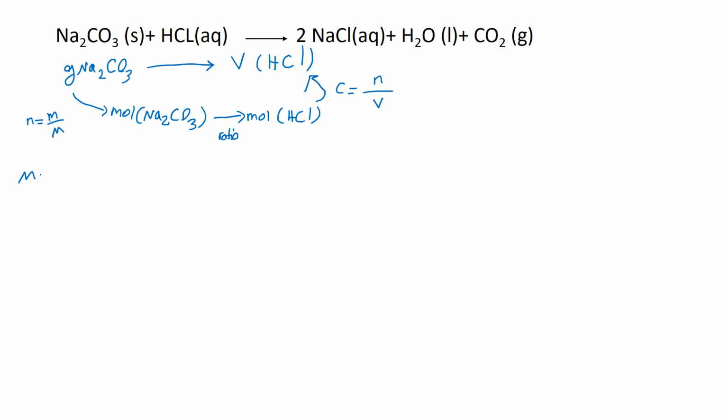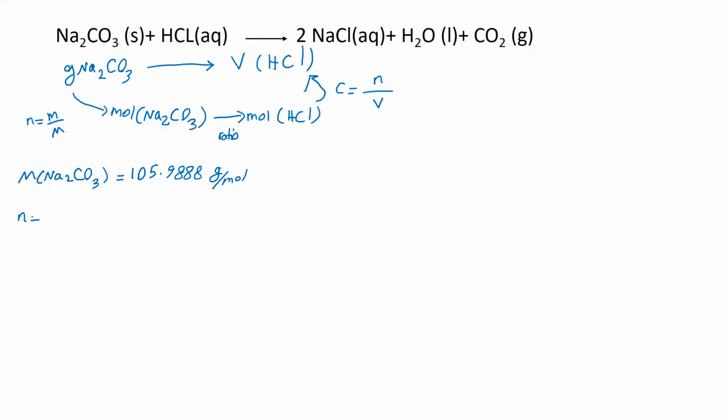Okay, so we start with the first step. We know the molar mass of Na2CO3 is equal to 105.9888 gram per mole. You can calculate this one.